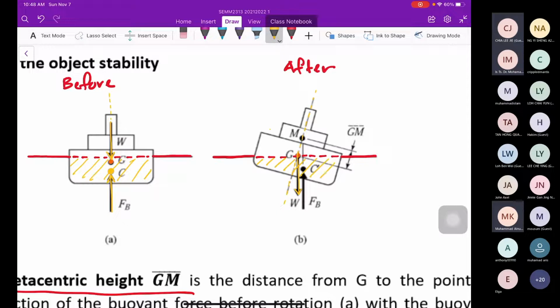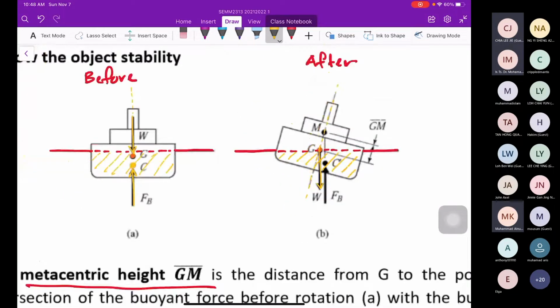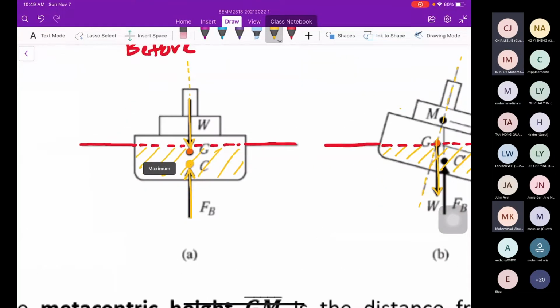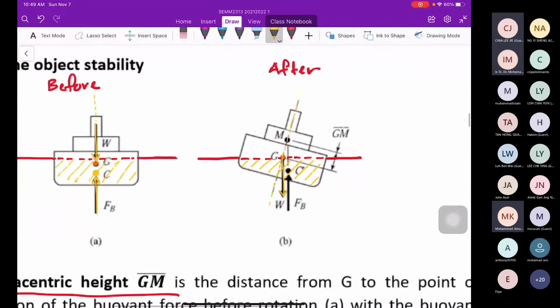Do you think the C, the centroid position of the displaced volume, will be different or the same as before? Different, because it is a different displaced volume. It was displaced like this, and when you rotate, it displaces in this position and shape. Definitely the centroid of the displaced volume will be different.